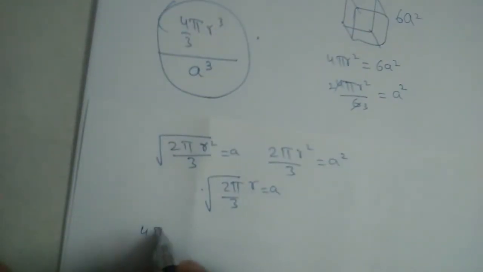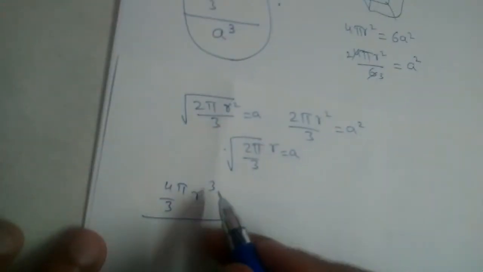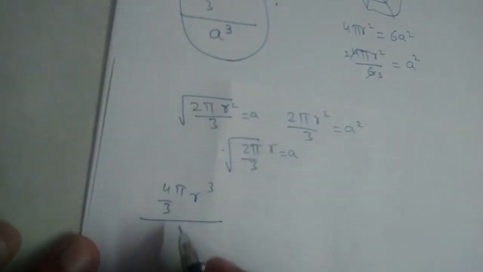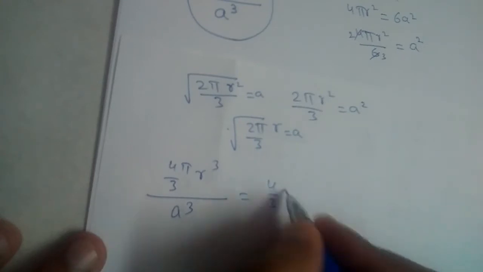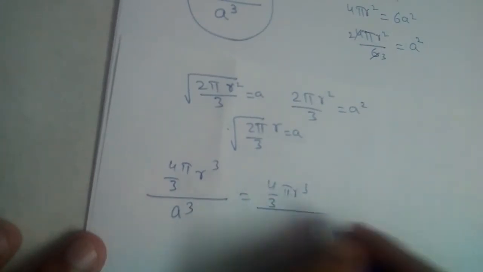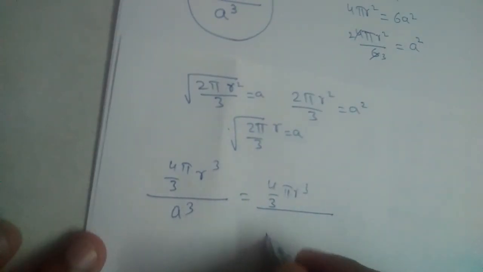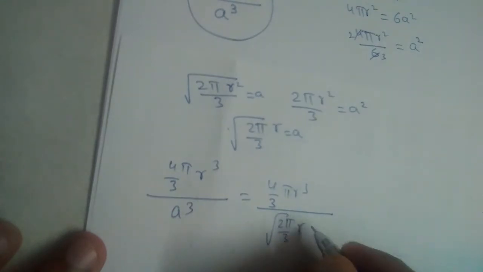So this is 4 by 3 pi r cube, the volume of a sphere, divided by a cube. So 4 by 3 pi r cube divided by a cube. A is root of 2 pi by 3 into r. So this is cube, right?